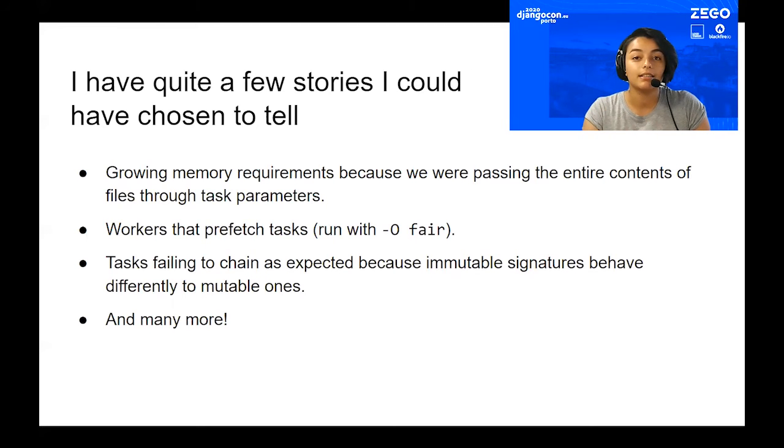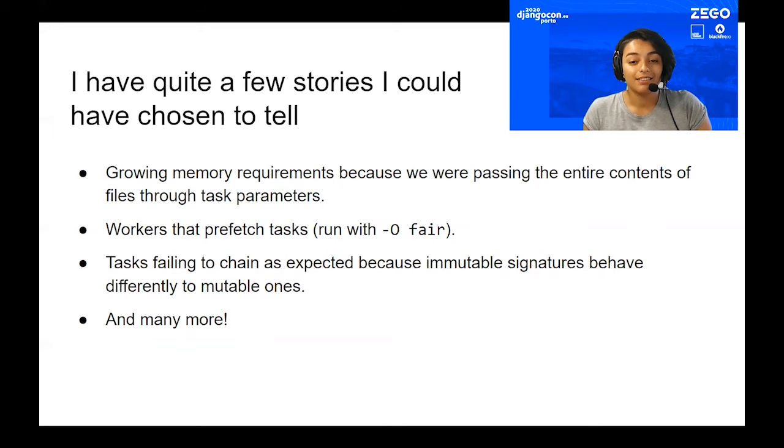So let's say it's fetched 3 and the first one takes a long time. Tasks 2 and 3 are sitting there waiting to be run, even though there's other workers available. So if you do have quite long running tasks, the suggestion is that you run with the flag -o fair. That way, there will be no prefetching of tasks and workers only grab them one at a time.